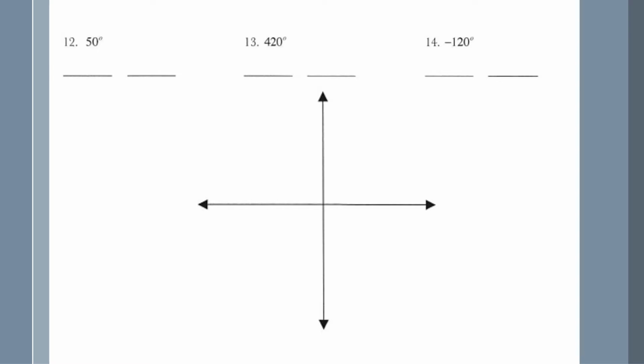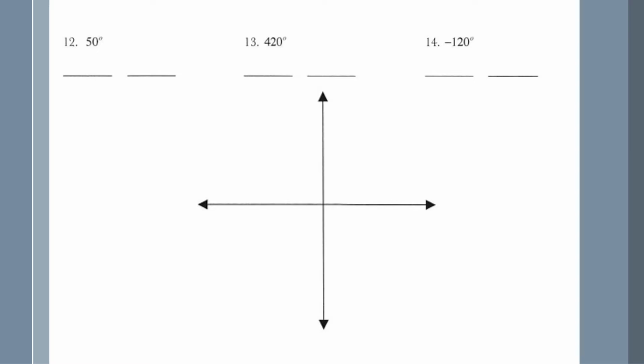So in this one, I mainly am asking you to give me a positive and negative coterminal angle. And this is pretty easy. So give me a positive of 50.